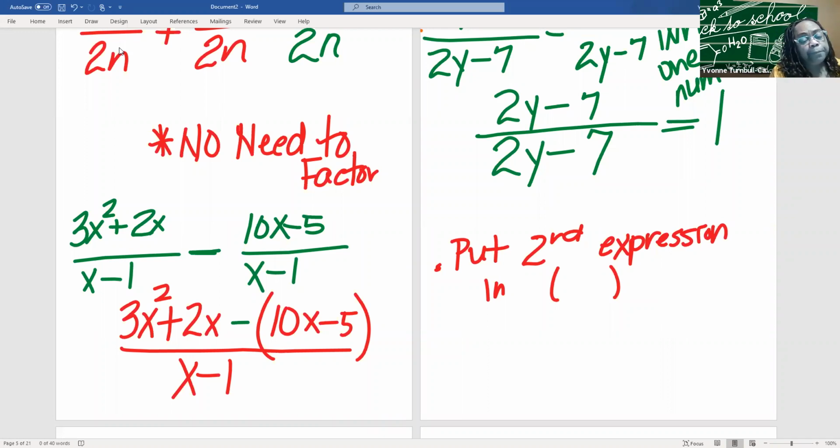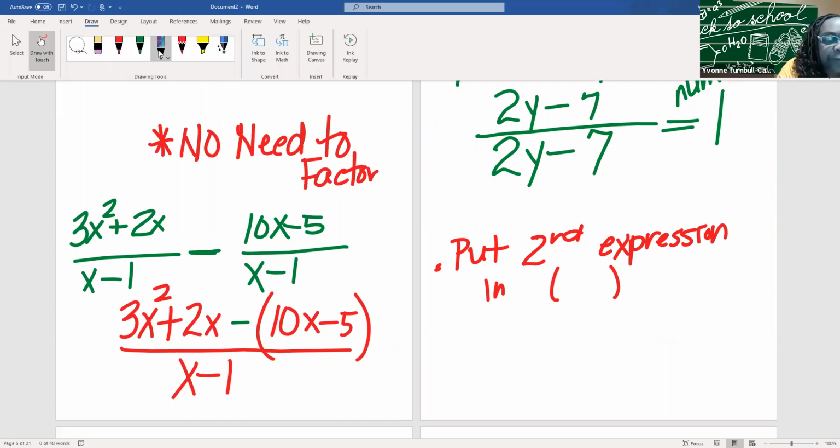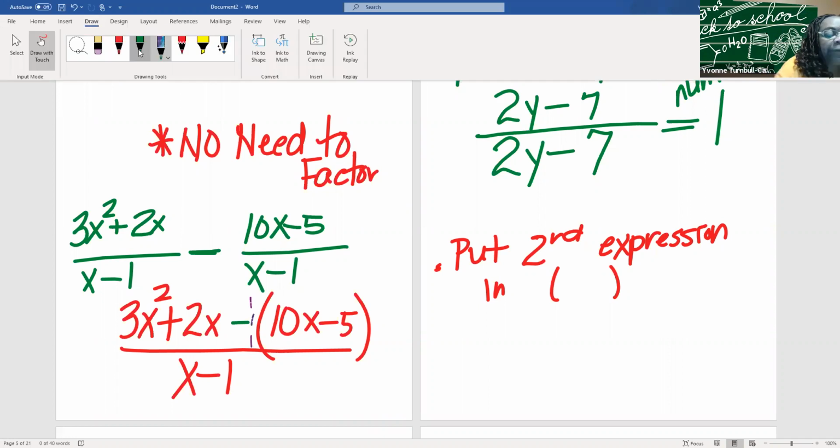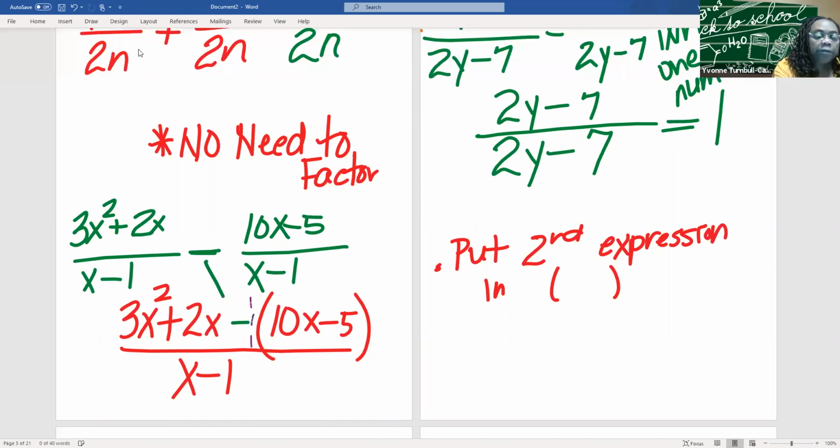If you recall, there's an imaginary 1 right there. That is why I put my parentheses, because whenever there's a negative sign in front of parentheses, it's basically saying you are distributing that -1 to every number inside the parentheses. By putting the expression in parentheses, you can see that negative sign. That's that negative sign. And it simply means that you're multiplying -1 times the second expression.